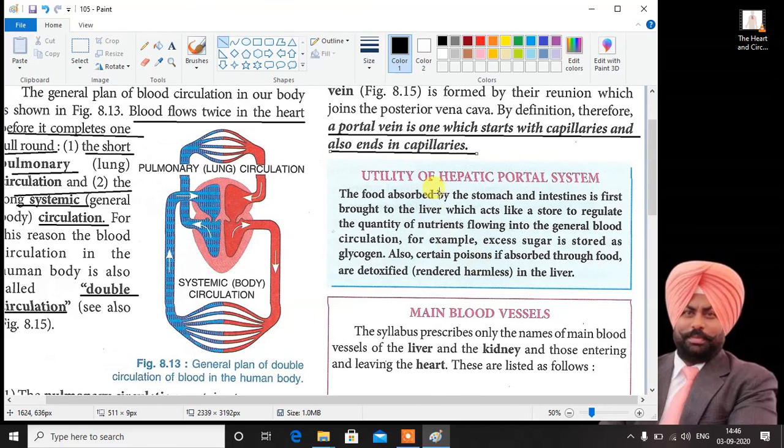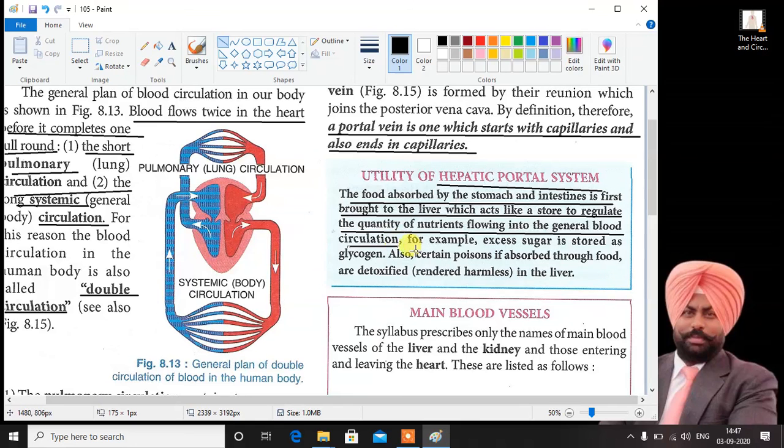Now, the purpose of the hepatic portal system is that the food which we eat is absorbed by the stomach and intestine. After absorption, it is first brought to the liver, and the liver acts as a storage to regulate the quantities of the nutrients flowing into the general blood circulation.